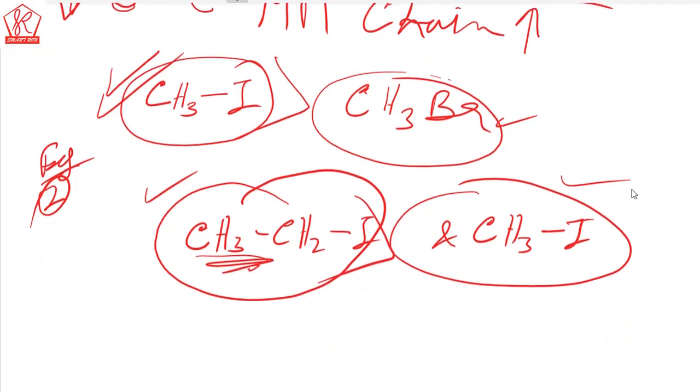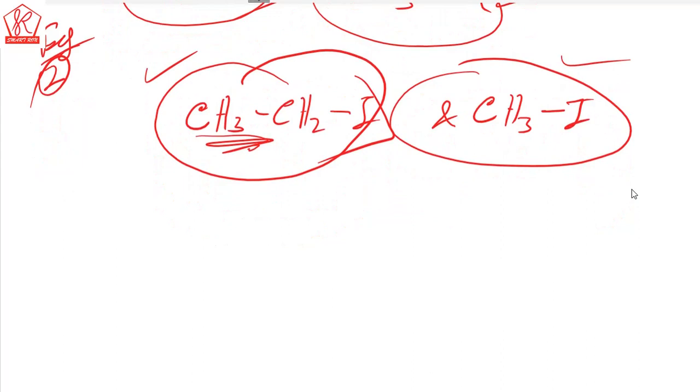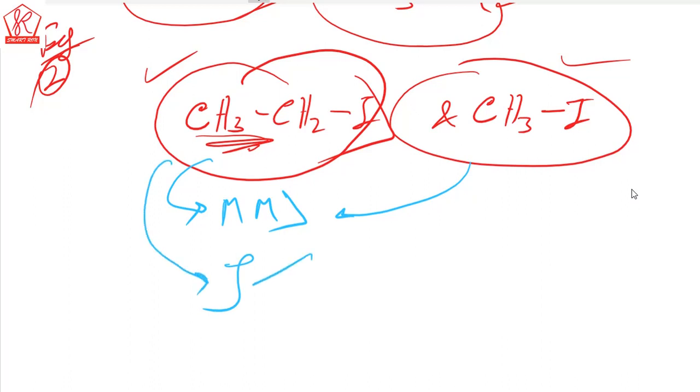So in respect to molecular mass, the molecular mass of this is greater than this. Am I correct? Yes. So this implies that the density of this is lesser than the density of this one.